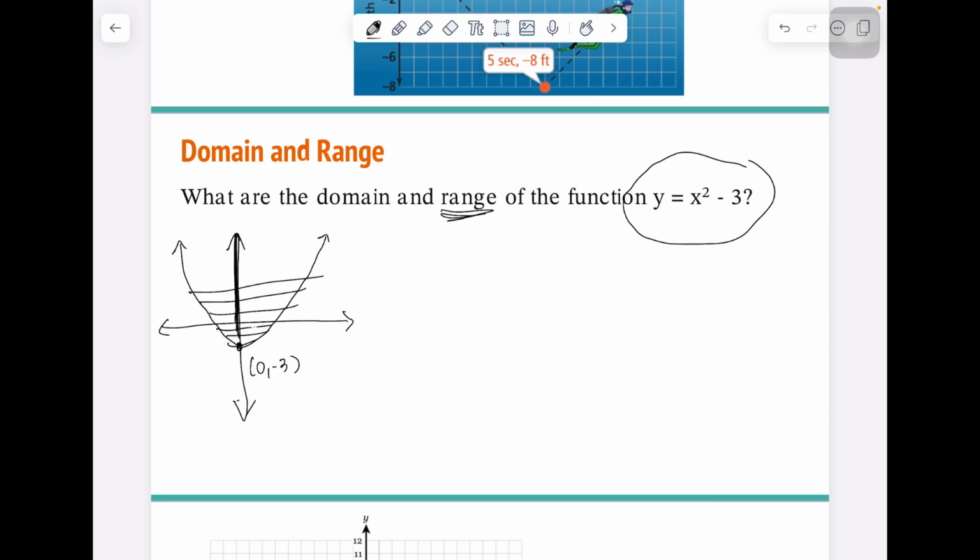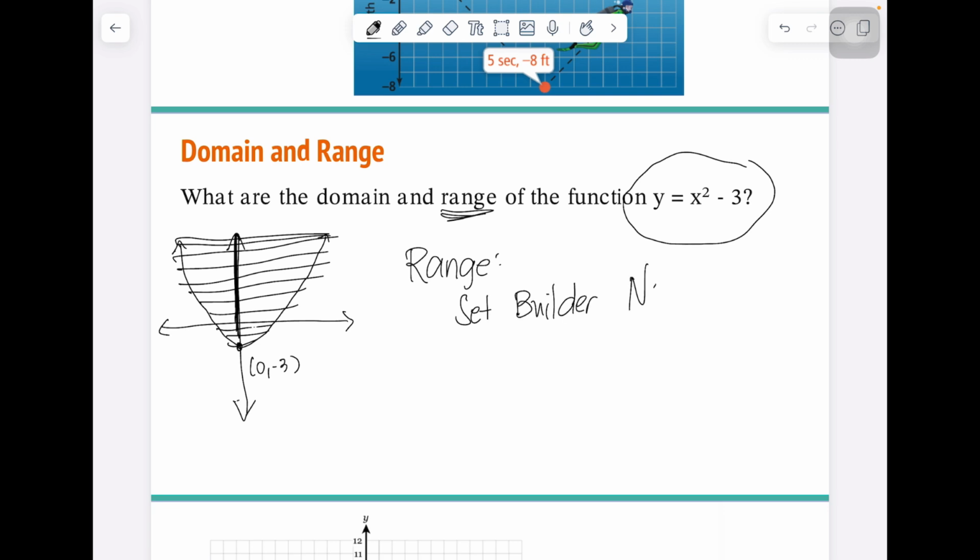So the range in set builder notation would be y such that y is greater than or equal to -3, because it starts from -3 and it's going up. That's why it's greater than.